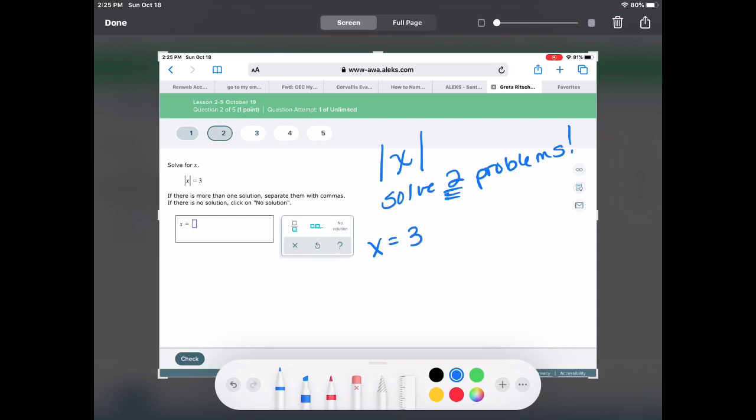X could be 3, or -x could become 3. This is maybe a little bit harder way of looking at it than just saying it could be 3 or -3, but maybe this is another explanation as to why that actually works.